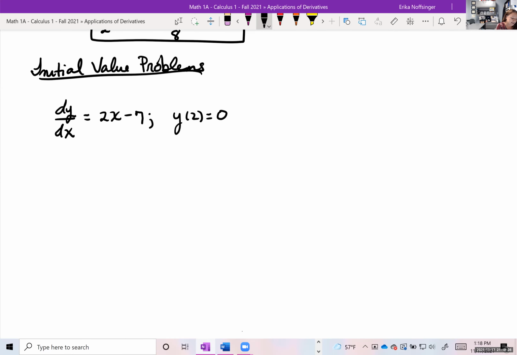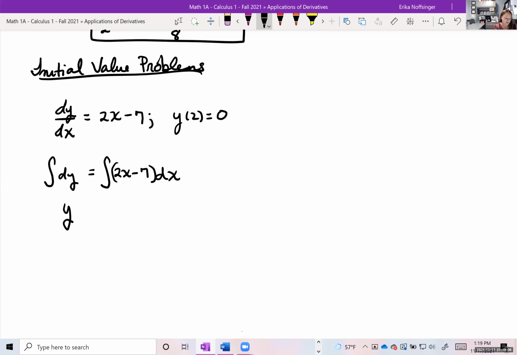So we know that we take the antiderivative of both sides. I'm basically taking the integral of both sides of my equation. So let's multiply both sides by dx. This would be the integral of dy is equal to the integral of 2x minus 7 dx. The antiderivative of 1 dy is just y plus some constant c.